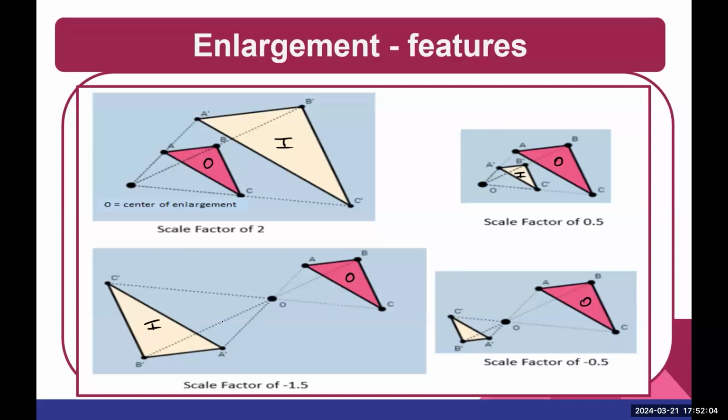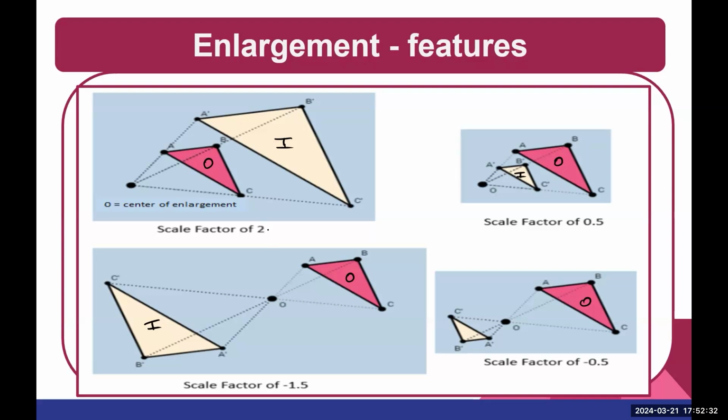We said it's flipped, but what other characteristics can we identify? What do you notice about the size? The image is larger than the object. Yes, the image is larger than the object.